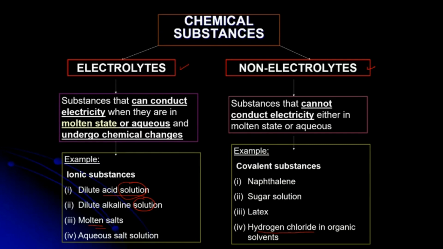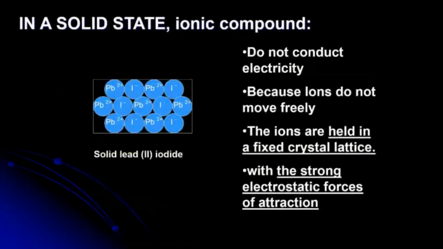Next, in the solid state, this one is actually the electrical conductivity, the physical property we mentioned just now. In a solid state, ionic compounds do not conduct electricity, because the ions do not move freely.